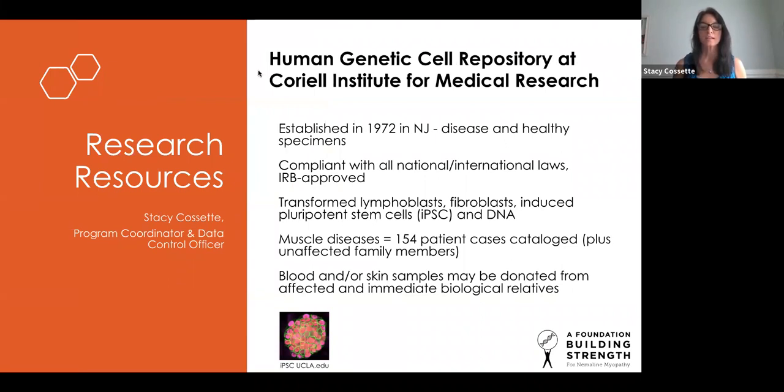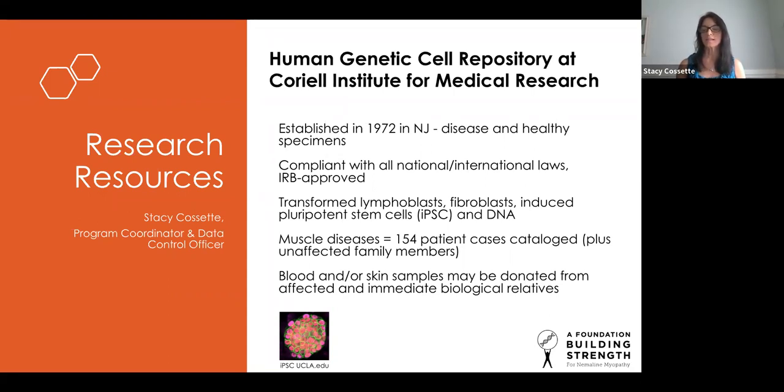And in the last check that I did of their catalog, they had 154 patient cases identified as having a congenital muscle disease, plus unaffected family members. The cell repository can accept specimens of blood or skin biopsies from patients and immediate biological relatives, such as parents, children, or siblings.